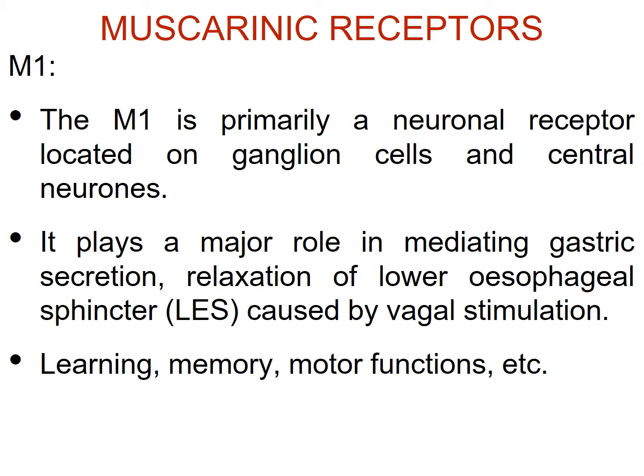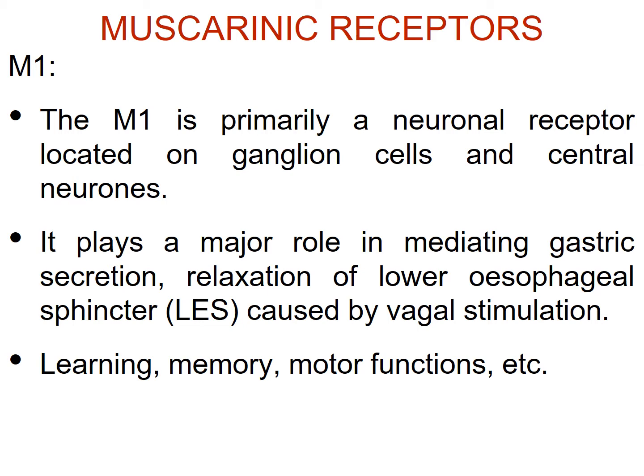So moving towards the individual muscarinic receptor, the M1 is a primarily neuronal receptor located on the ganglionic cells and central neurons. It plays a major role in mediating the gastric secretion and relaxation of the lower esophageal sphincter caused by the vagal stimulation.